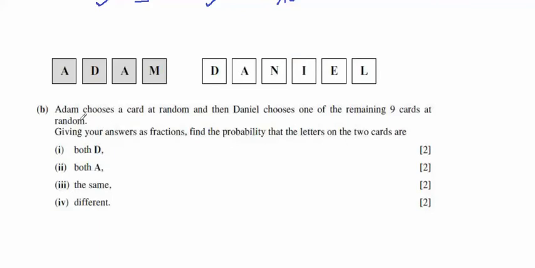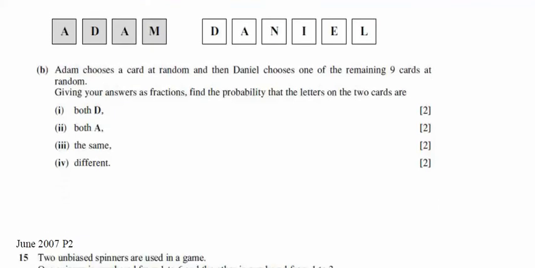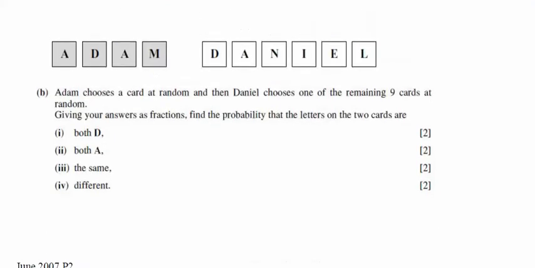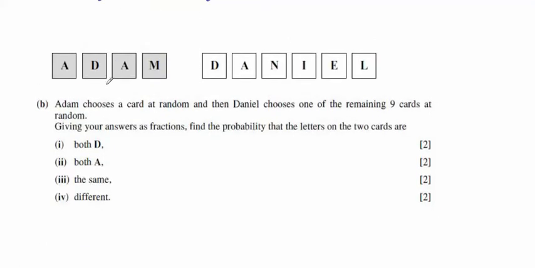Now we'll see the experiment in part B. What's the experiment? Adam chooses a card at random and Daniel chooses one of the remaining 9 cards at random.